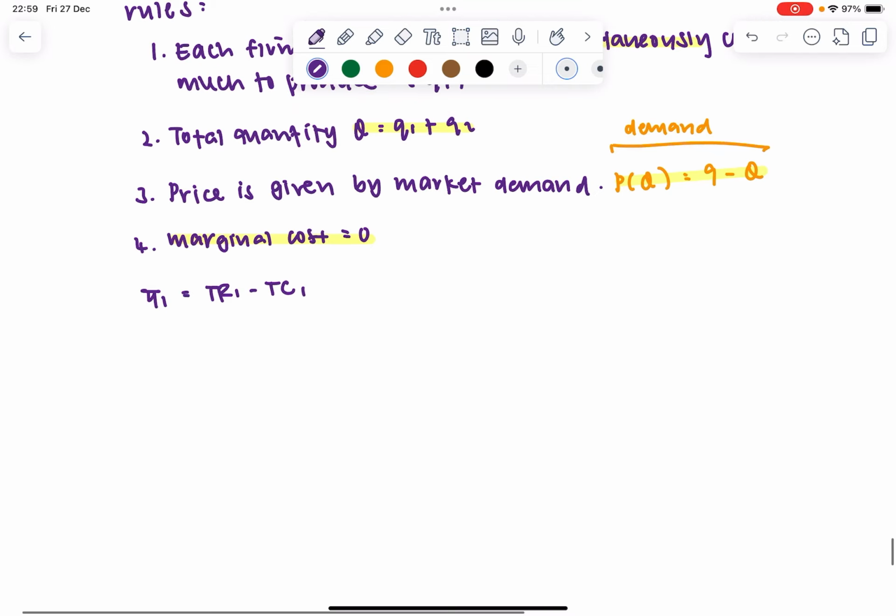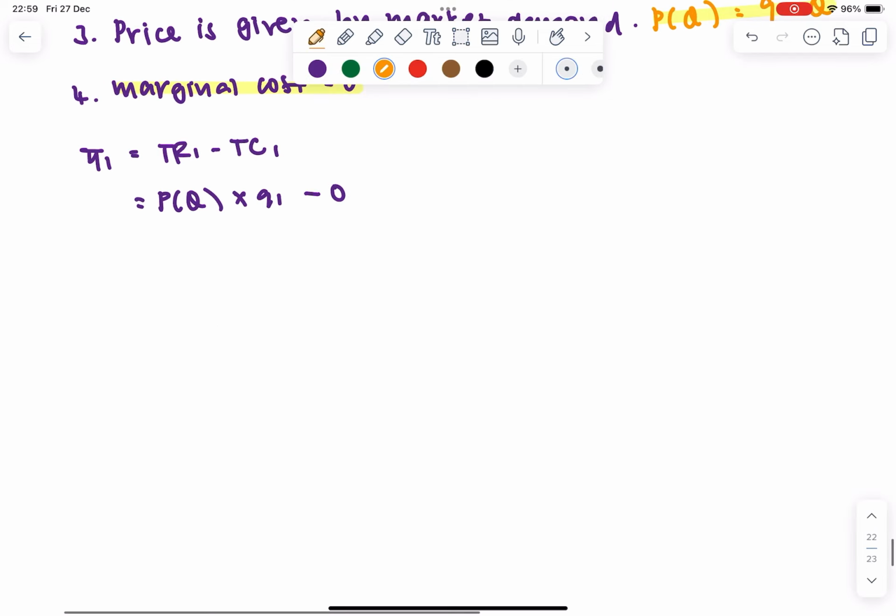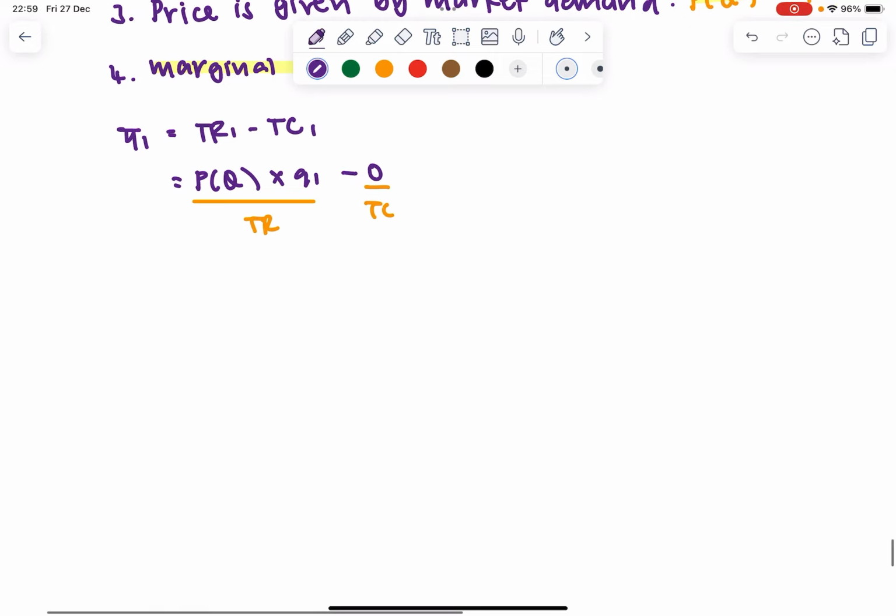The total revenue is just price times the quantity that firm 1 produces, and since marginal cost is 0, the cost is just 0. So we get that it's just Q1 P(Q).